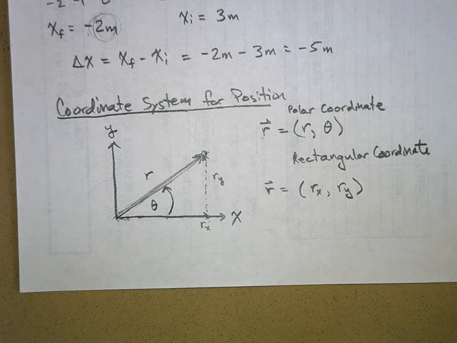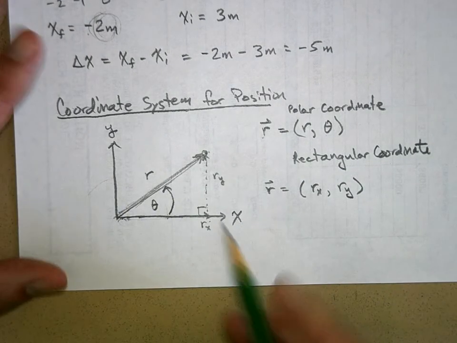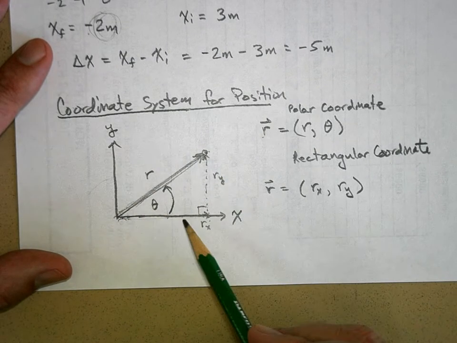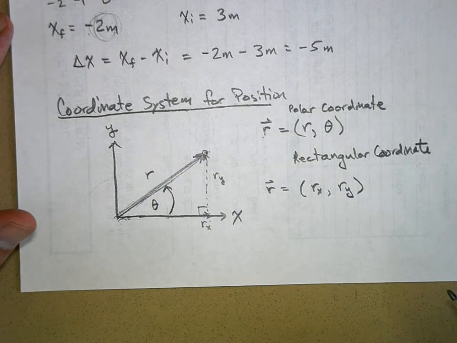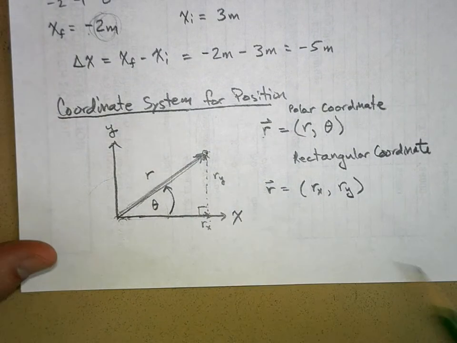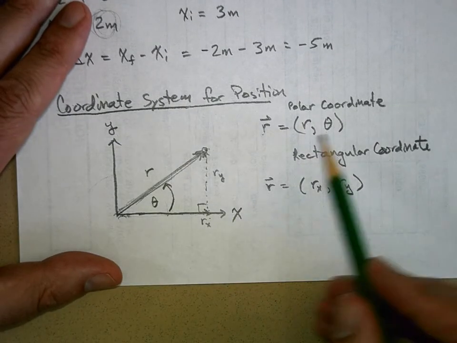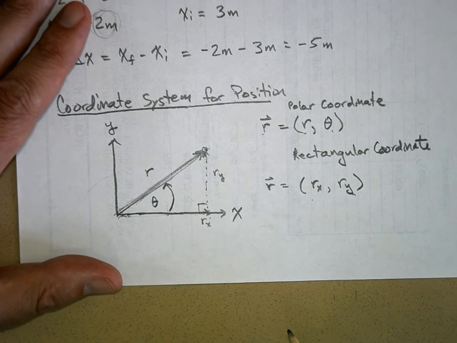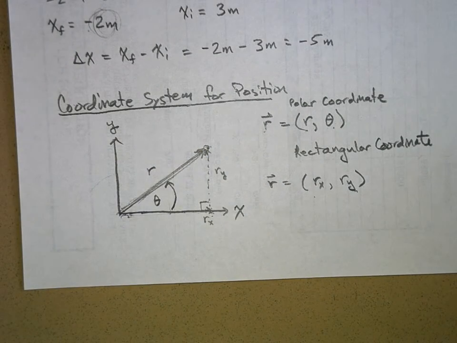They're perpendicular to each other. That is, they form a right angle. And so you can see that this position vector with its x and y components forms a right triangle. So we can use the mathematics of right triangles to locate objects in space. We're going to relate r and theta, r_x and r_y this way. And since we have a right triangle, the most fundamental equation for right triangles is the Pythagorean Theorem.